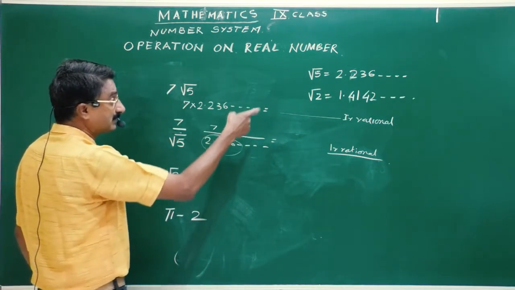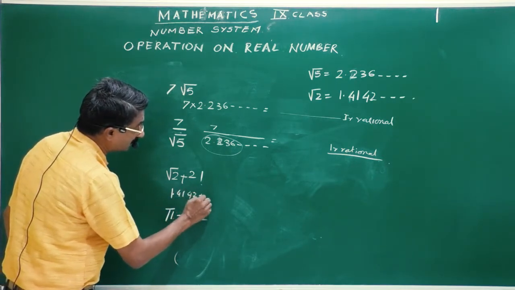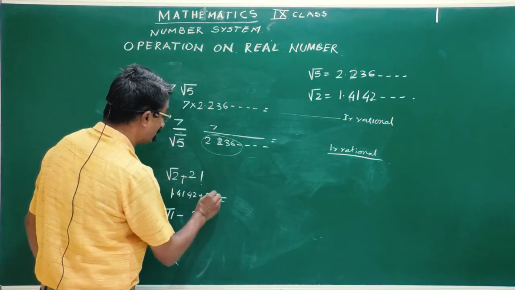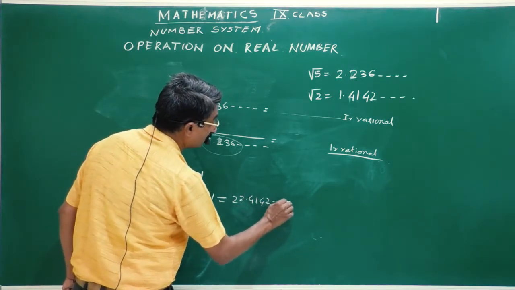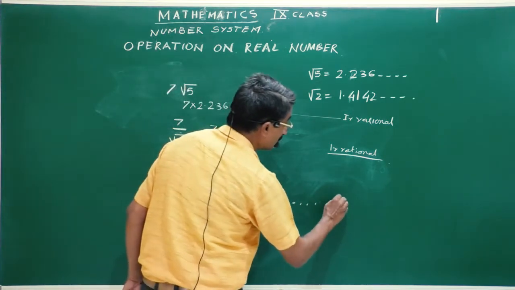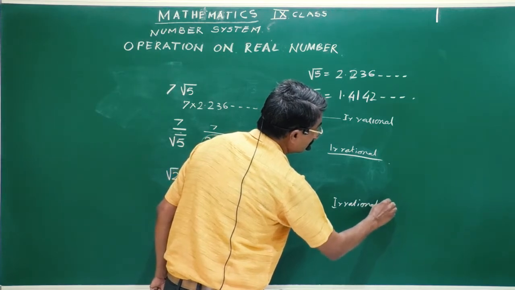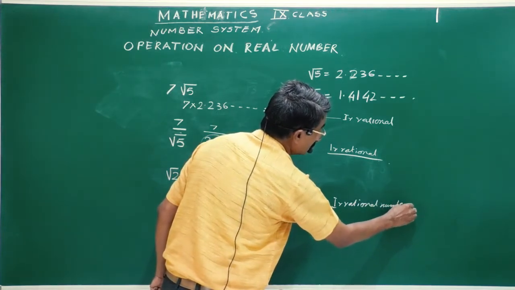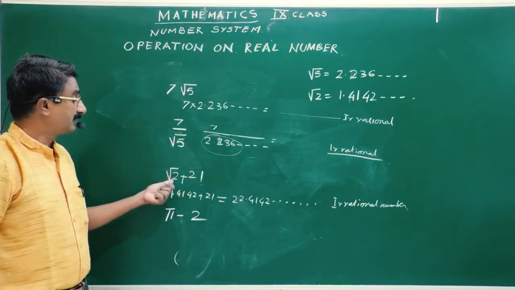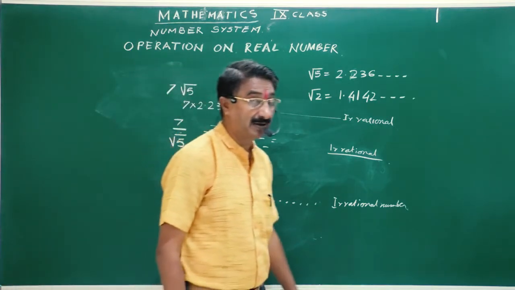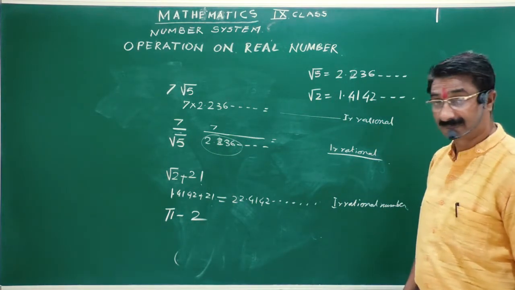Root 2, if you substitute the value 1.4142 plus 21, this will be 22.4142 and so on. So this is an irrational number. Clear? It means if you add a rational number to any irrational number, then it will be an irrational number.